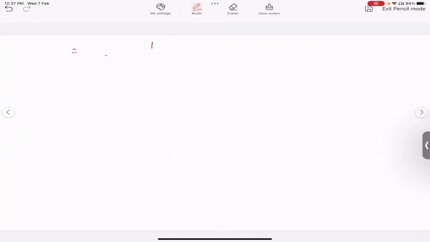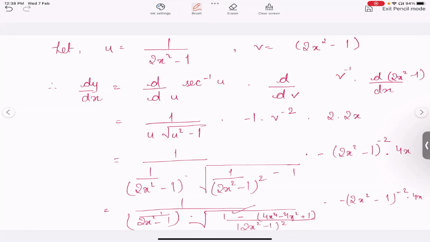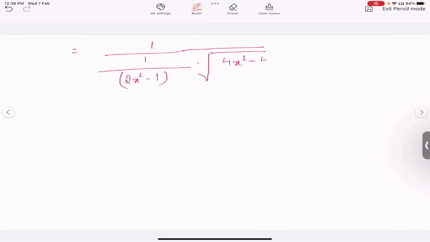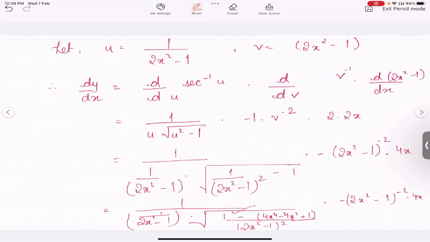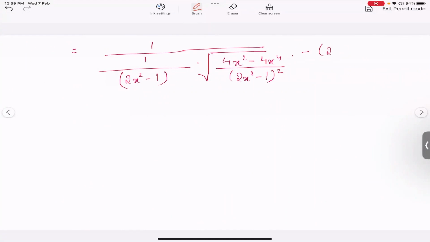This will be equal to 1 by 2x square minus 1 times the square root of this thing, which is 4x square plus 1. This will be equal to 4x square minus 4x to the power 4 by 2x square minus 1 whole square, and times minus 2x square minus 1's whole square times 4x.